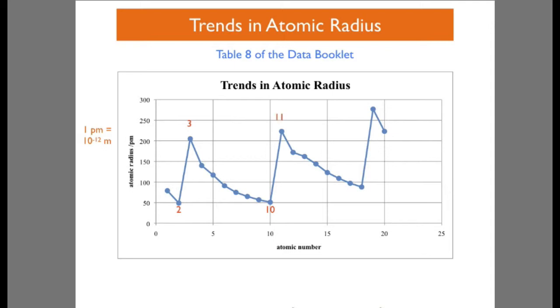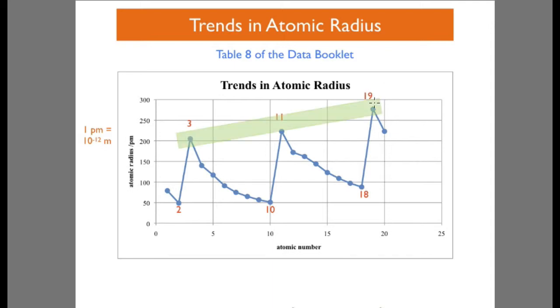Then you see the atomic radius increasing quite dramatically as you move to the next period, and then another gradual decrease as we go from sodium down to argon, and then another leap back up as we start another row.